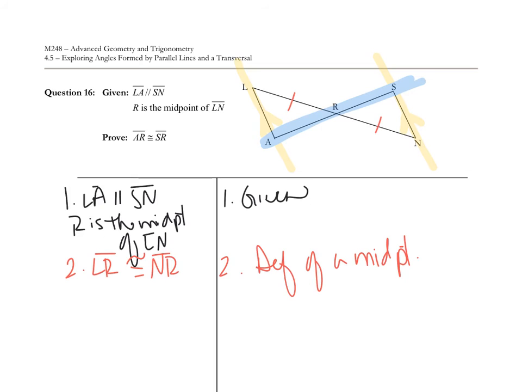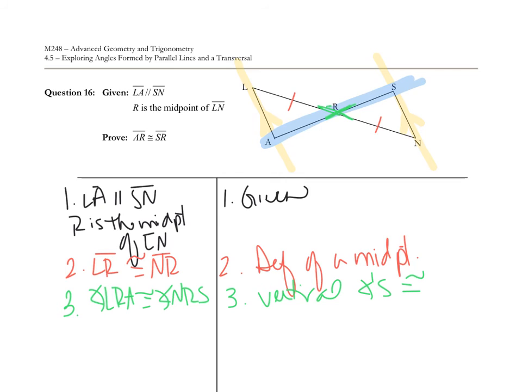Okay. All right, so we don't have any other givens that I can break down, so I need to start looking at my diagram to see if there's anything from the diagram information that I can get. Anytime you have lines intersecting, you should always be looking for vertical angles. So we have angle LRA is congruent to angle NRS. So vertical angles congruent.